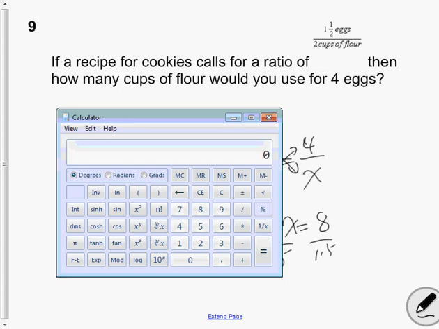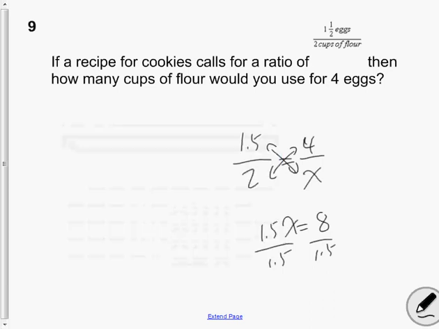And 8 divided by 1.5 is 5 1/3. So x will equal 5.3 repeating, or a better way to write it is 5 1/3. I think the harder question is not can you have half an egg, but how can you have a third of an egg? That's the harder part. Sorry, my fault. That's 5 1/3 cups of flour.